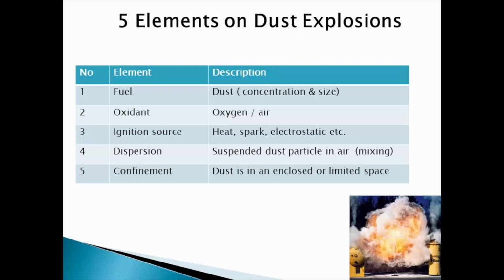Dispersion. Dispersion is the process whereby the accumulated dust is spread out, mixed with the air, and creates a dust cloud. The accumulated dust needs to be cleaned up frequently to prevent dispersion that can lead to fire and explosion. Confinement.